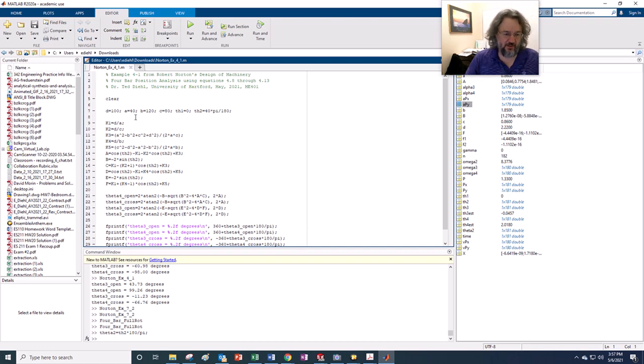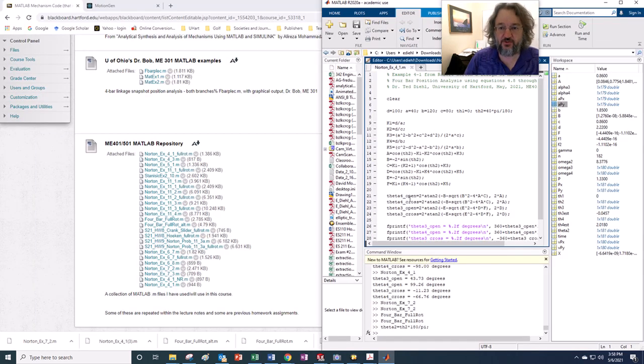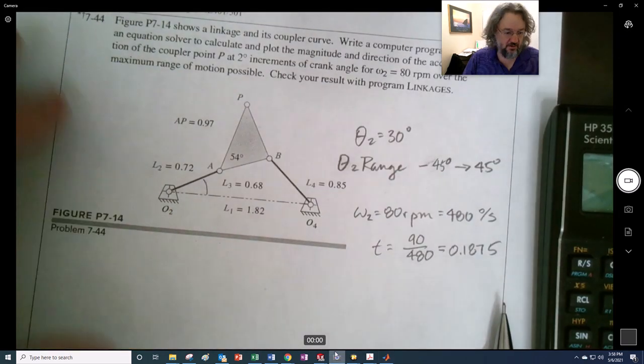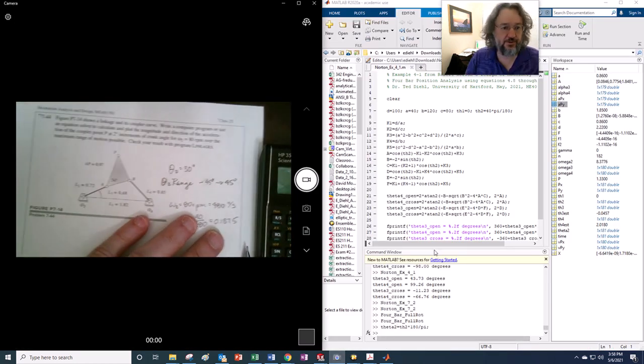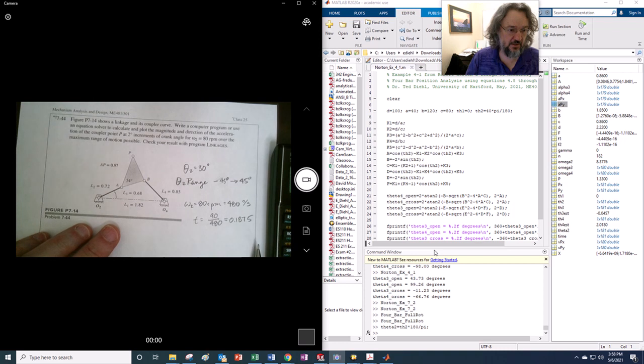So I'm going to put in my values, and let me go to side-by-side mode so that we could do this a little bit more easily.